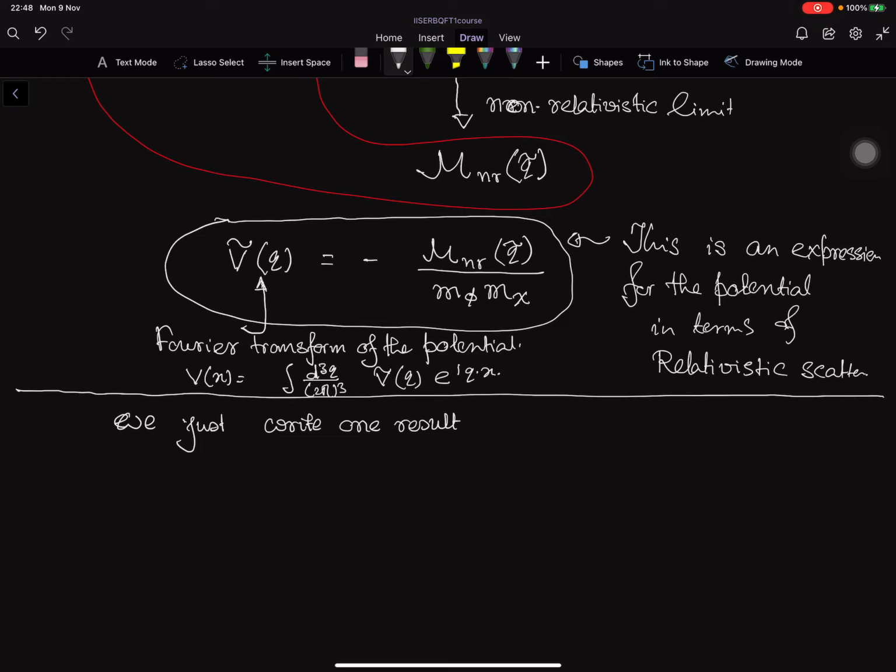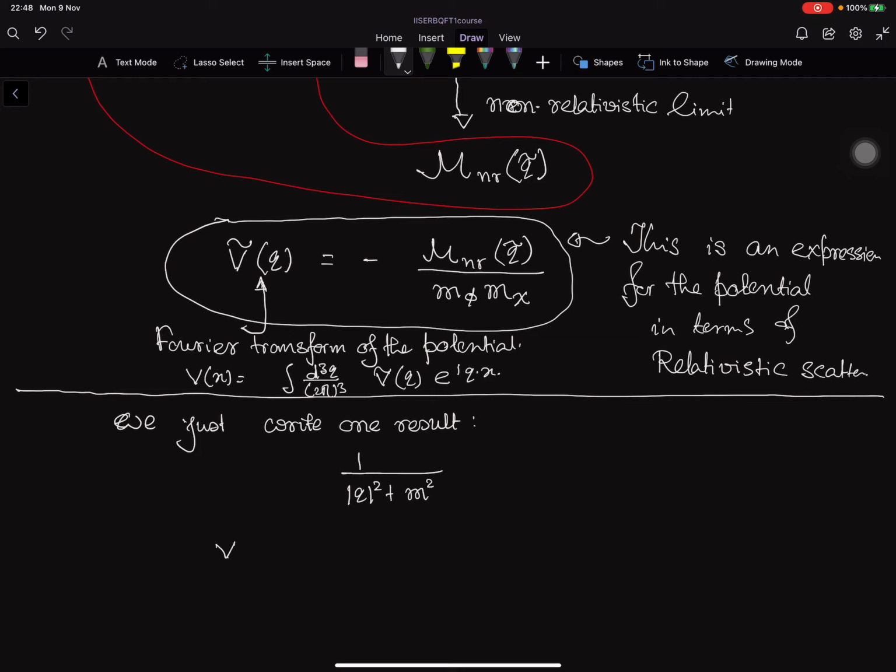Okay, and later you will find that in almost all the cases, we'll get some potential which is roughly of the form 1 over q squared plus m squared.